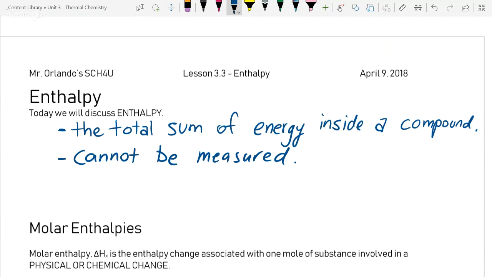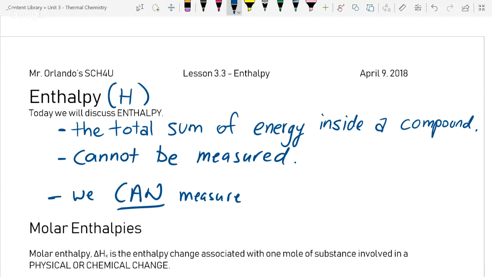Remember, chemistry is really all about electrons. Lots of electrons involved in a compound. You'd have to know the average energy involved in every one to measure enthalpy. We can't measure this. What we can measure, so enthalpy is H. We can measure delta H. And delta H would be what?